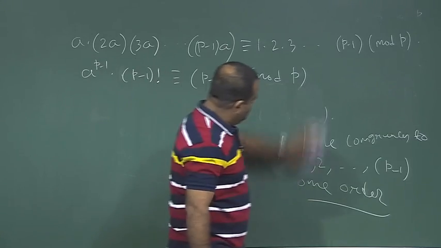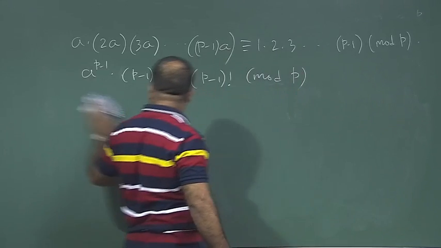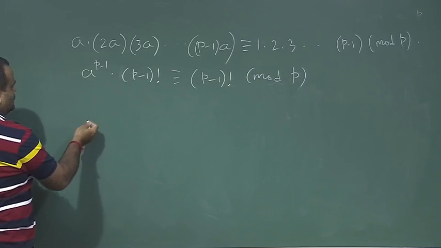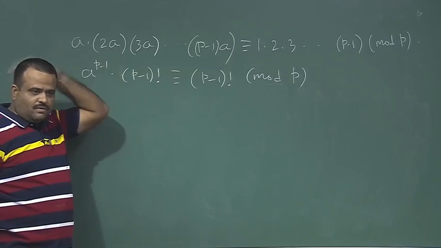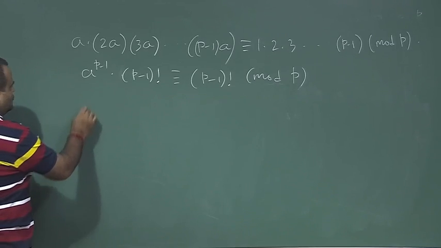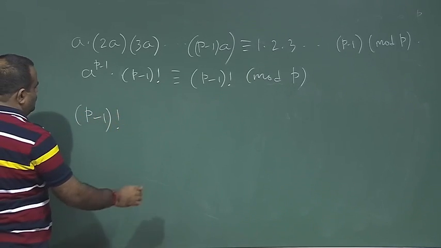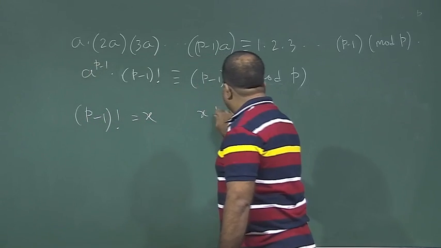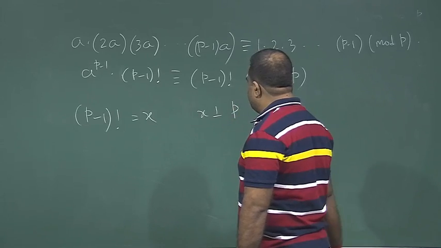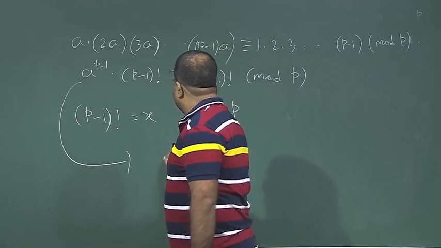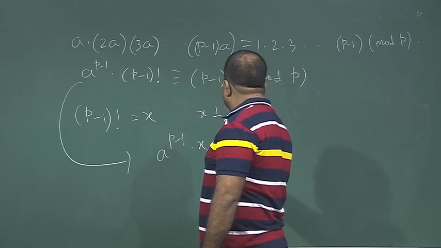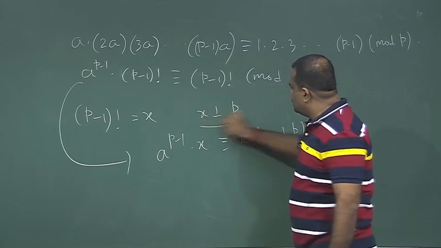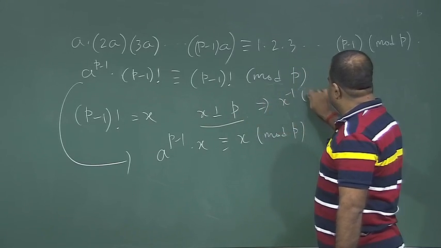Now P is a prime, so P has no factor among 1 up to P minus 1. So, if we denote P minus 1 factorial by x, then x is co-prime to P. So, this is basically A to the P minus 1 into x is congruent to x mod P. Now, since it is co-prime, this implies x inverse mod P exists.